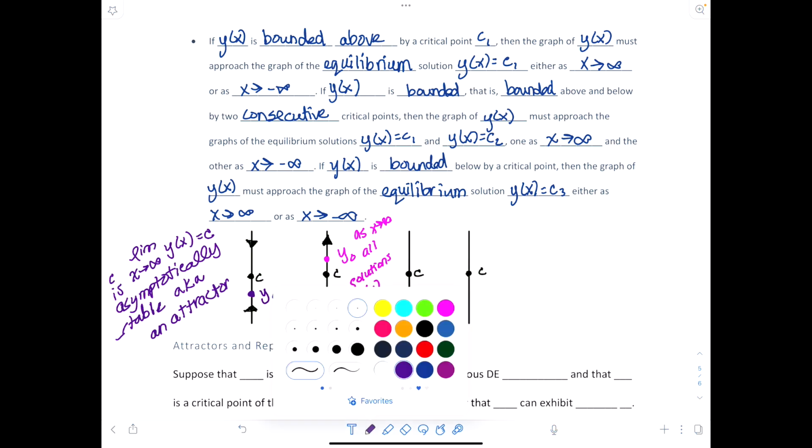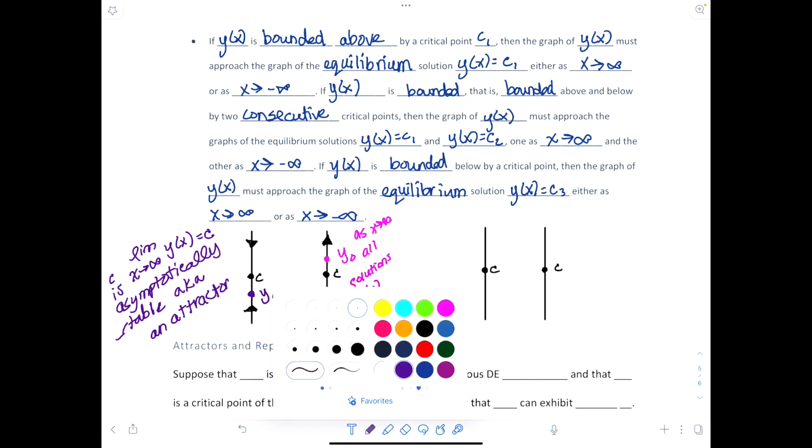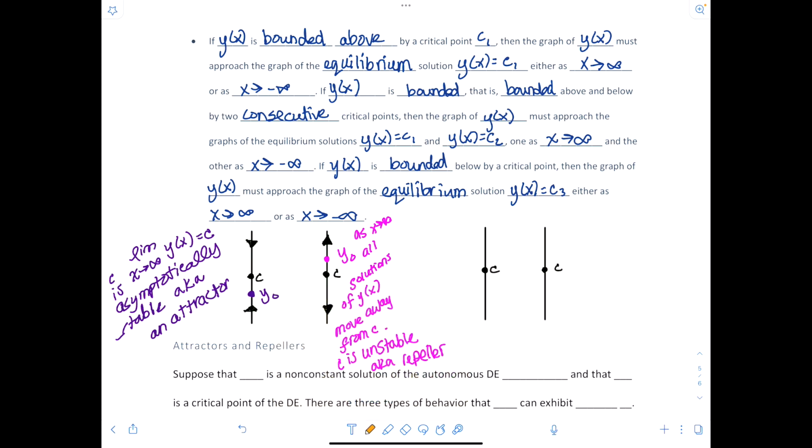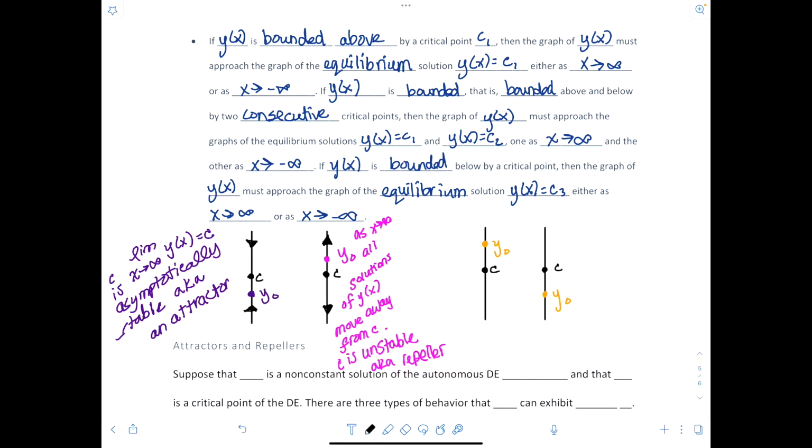All right. Now, if we look over here with these guys, sorry, I'm going to drag them over. Suppose you have something like this, where you've got y0 here or here. So you could have a situation where the arrows are going the same way. So on one side you're being repelled and on one side you're being attracted.